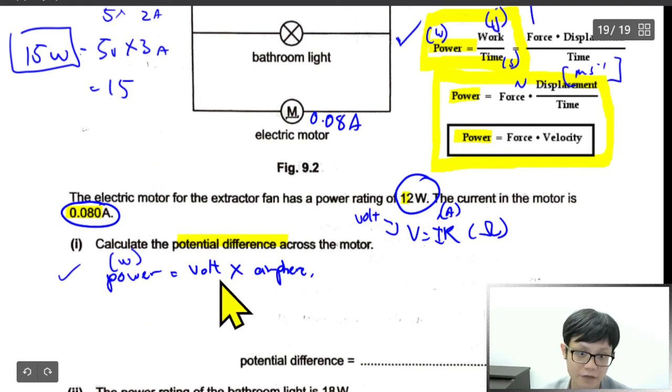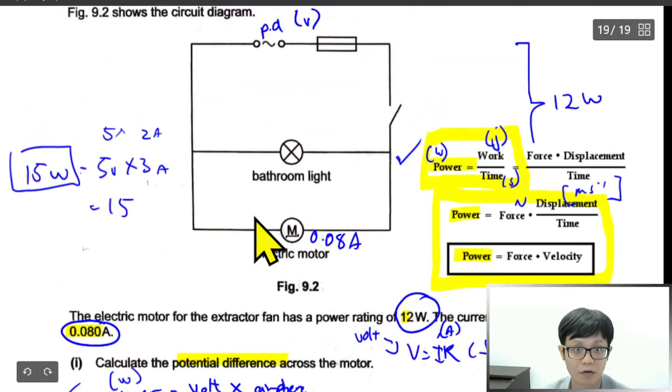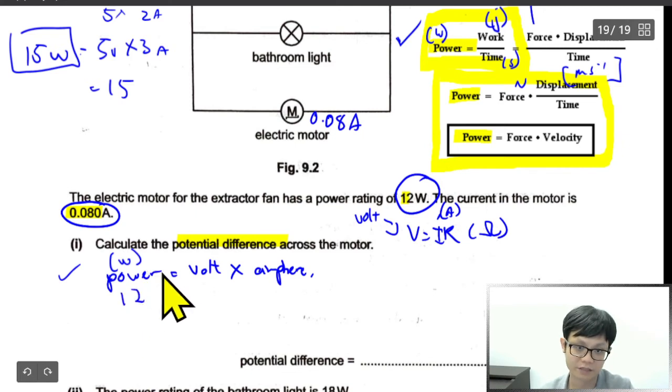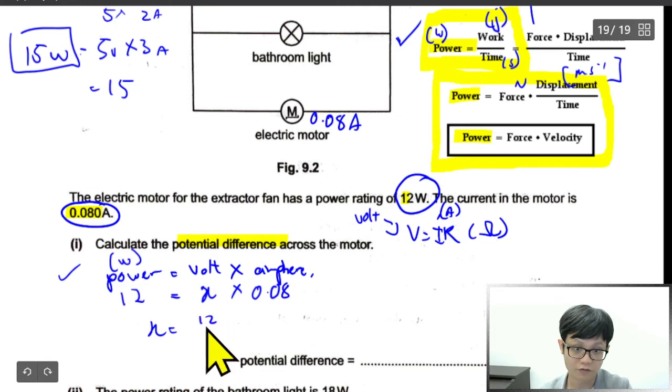So power equals to volt times ampere. Power equals to 12 watt. Okay, my phone is 15, but this one is 12. Times volt, I don't know, I put X times ampere 0.08. X equals to 12 divided by 0.08.